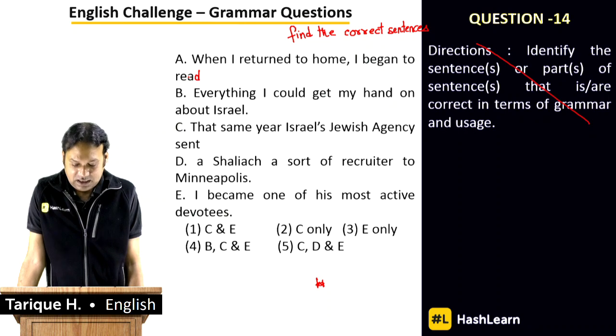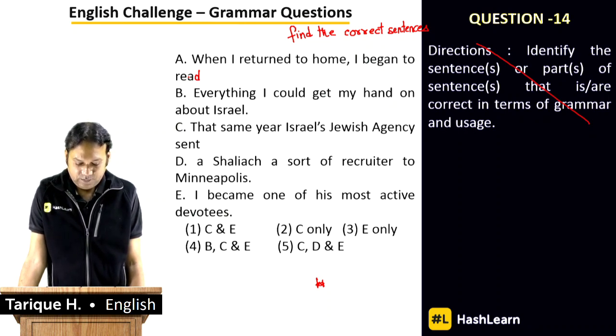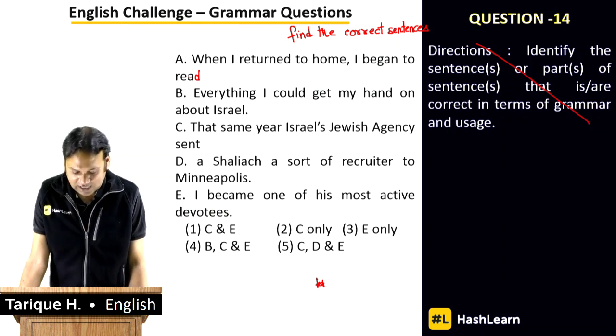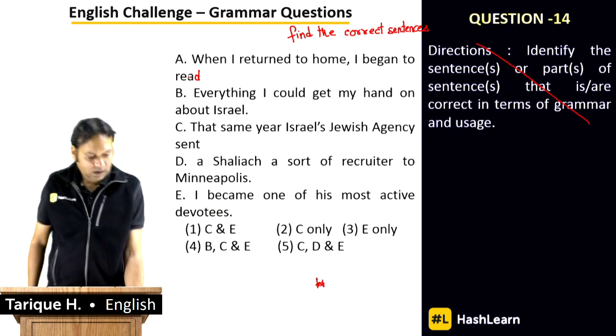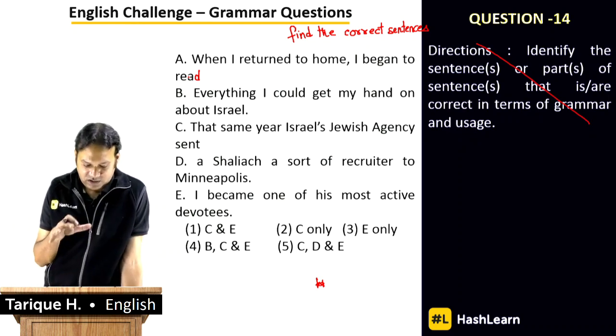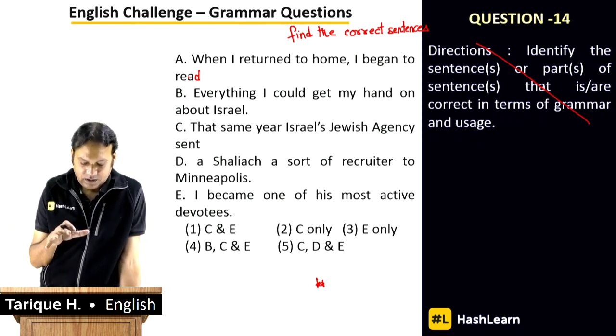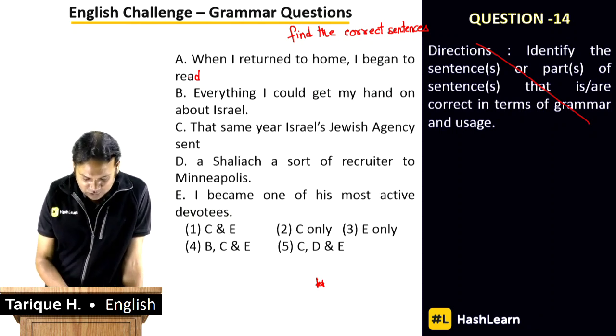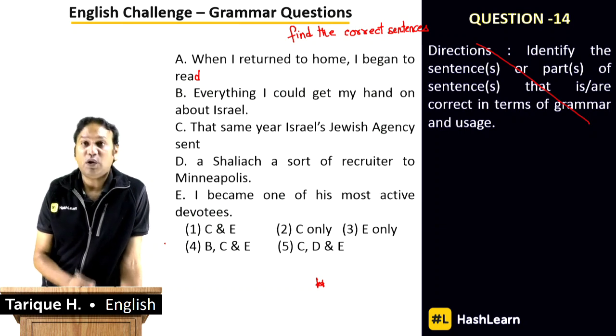C: The same year, Israel's Jewish agency sent a Saliach, a sort of recruiter, to Minneapolis. E: I became one of his most active devotees. So we have to find out which of these sentences is correct. Sometimes we use the answer options also here.